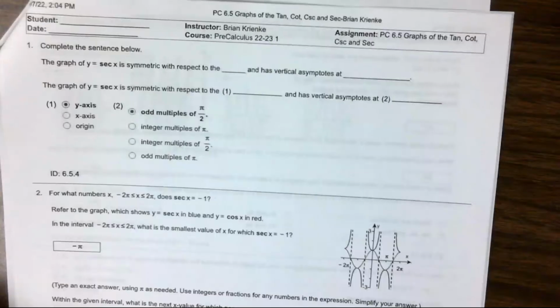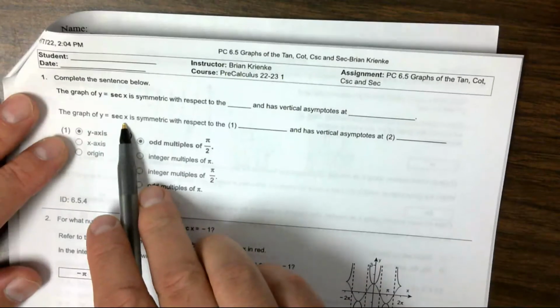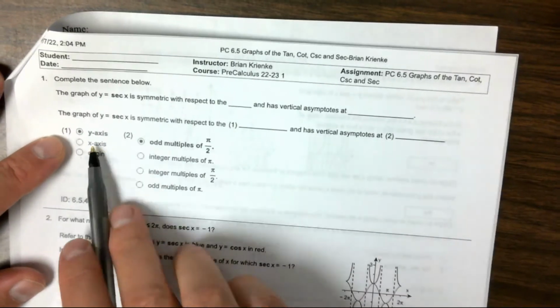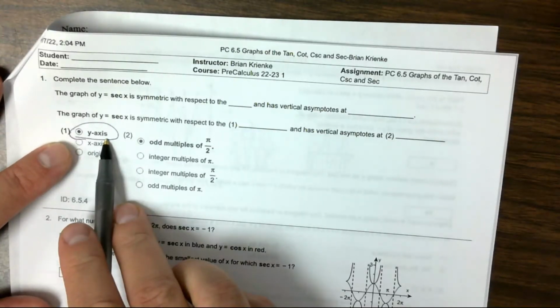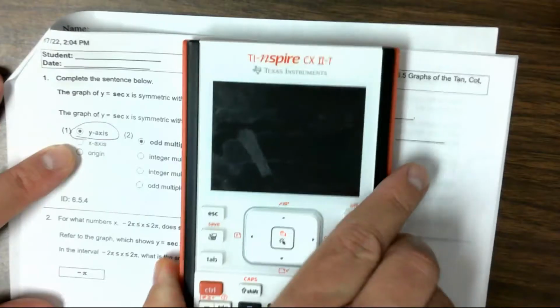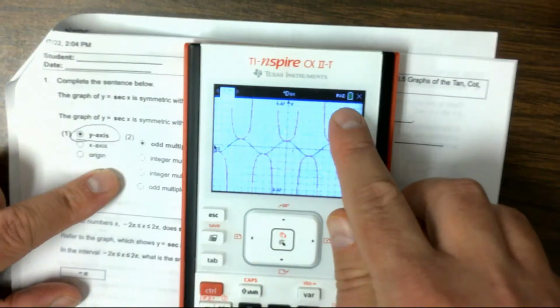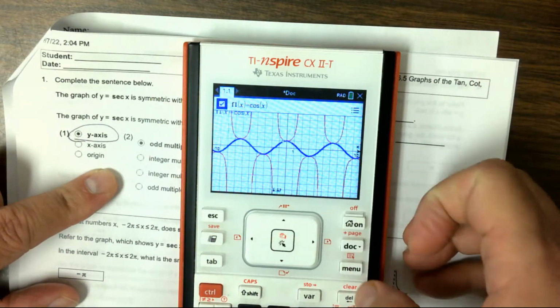Okay, so now for the problems. The graph of secant is symmetric to the y-axis. You can refer to your notes on that or graph it. Remember, when you're graphing, you have to be in radians, not degrees. Actually, let me show you again.